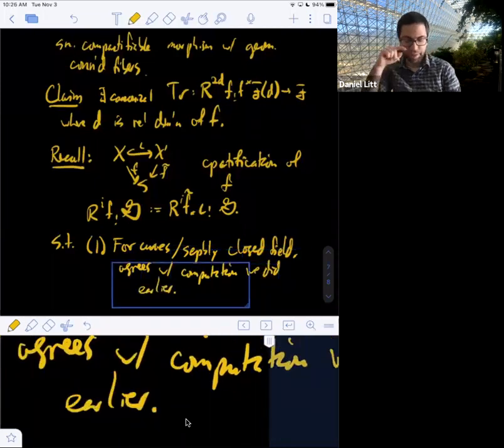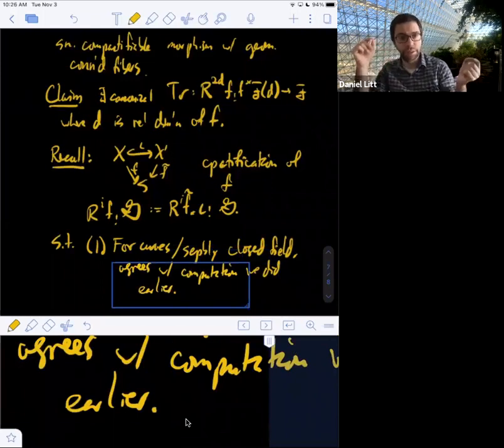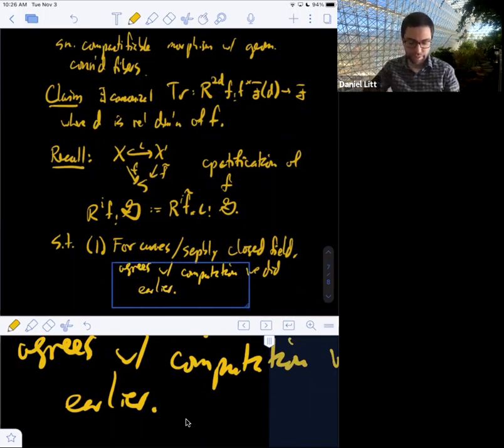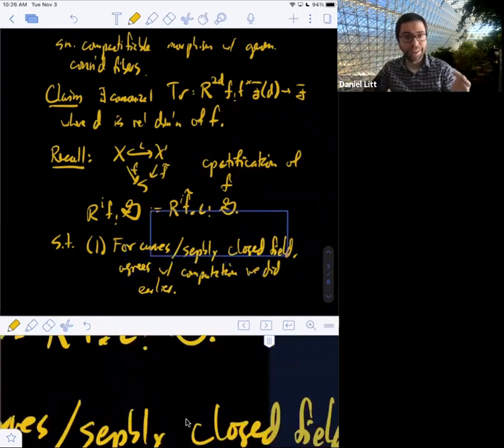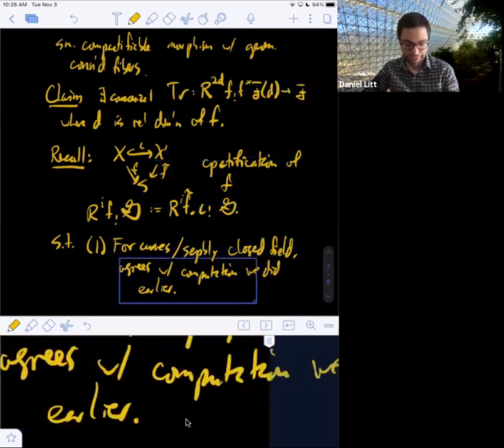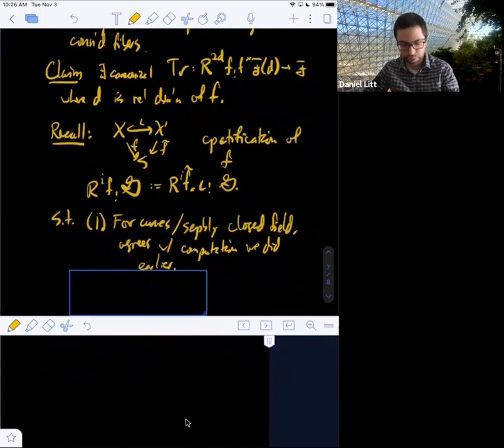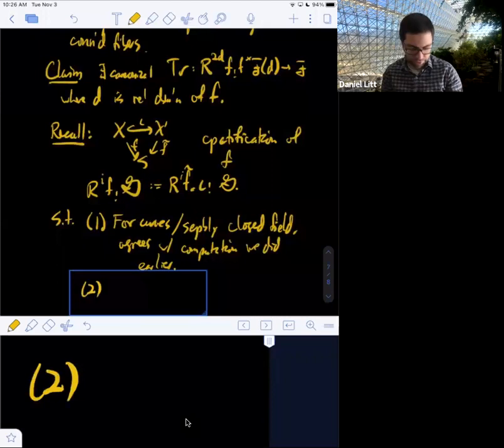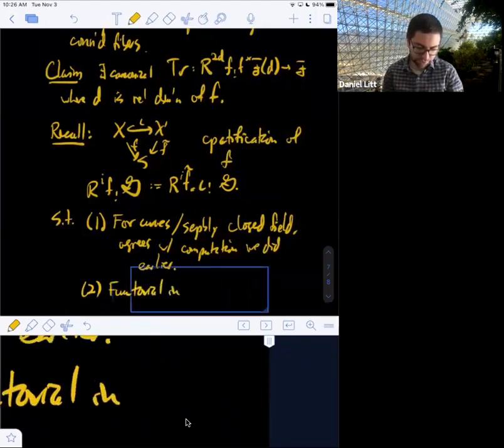What I mean is that we've already computed, for example, the compactly supported cohomology of mu_n on a curve, and if we have a curve over a point, everything is more or less mu_n. So we've already constructed a canonical map like this for curves if the sheaf is mu_n over a point. Two, this is functorial in the sheaf.